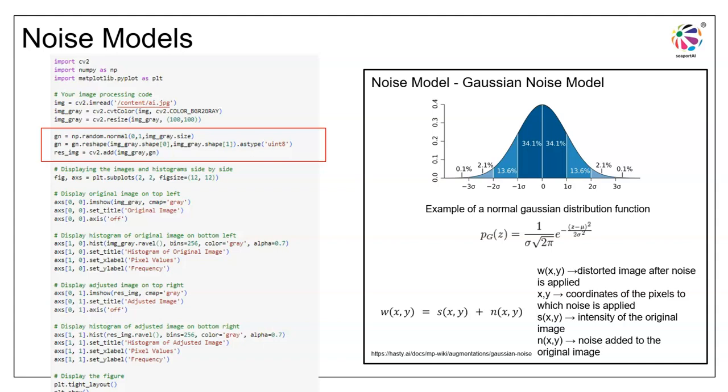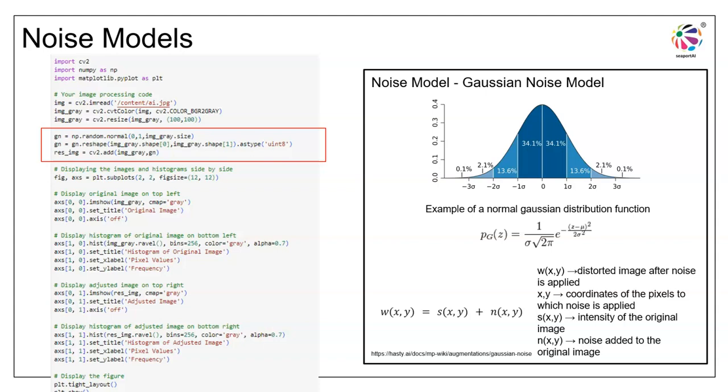The third line that you see here adds the Gaussian noise GN to the grayscale image on a pixel by pixel basis to generate a noisy image. cv2.add is used instead of the normal addition operator plus because it performs saturated arithmetic. That is, if the result of an addition operation is greater than 255, it will be clipped to 255 instead of overflowing.